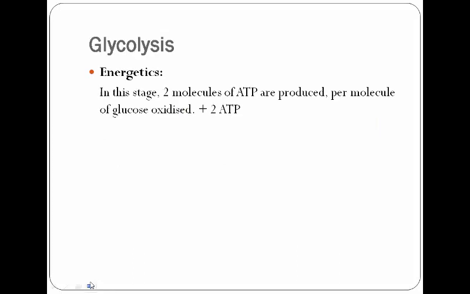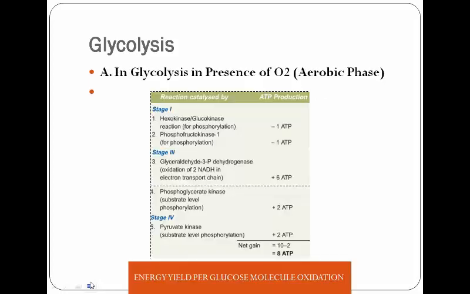If you talk about the energy production at that stage, 2 molecules of ATP are produced as 2 molecules are involved in this reaction. So per molecule of glucose, 2 ATP are produced in this reaction at substrate level. We can also calculate the energy throughout the reaction up till now.